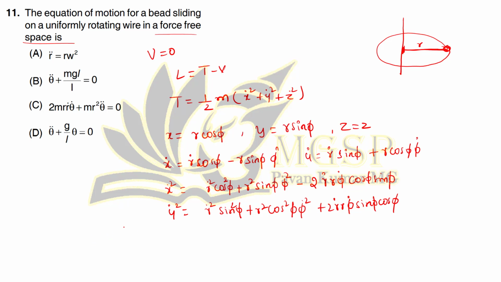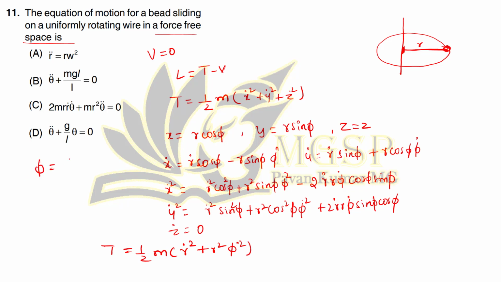Now we need to find z dot. Since z is fixed, there is no change in z, so z dot becomes 0. Now let's write the T value. T is equal to half m times x dot square plus y dot square. After solving you get r dot square plus r square phi dot square.